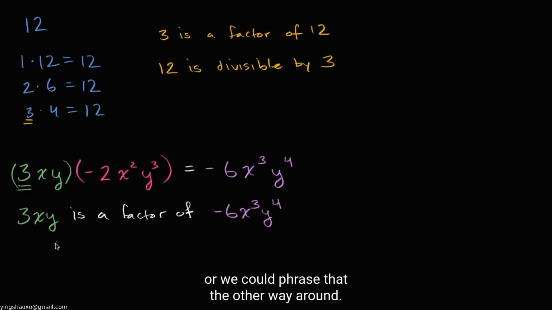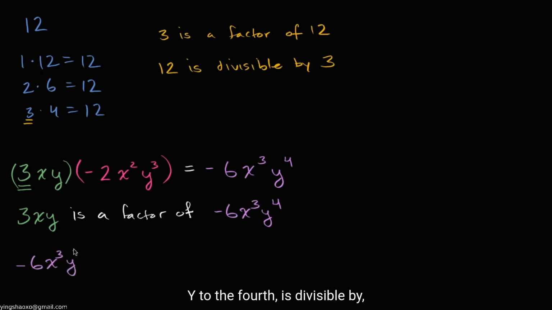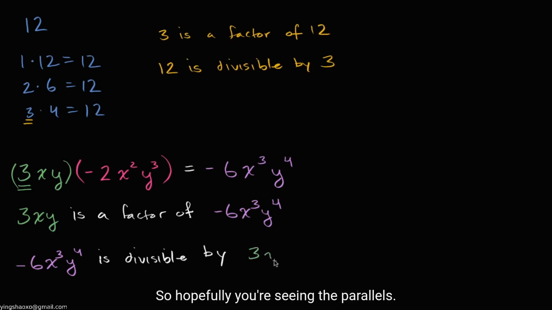Or we could phrase that the other way around. We could say that negative 6x to the third y to the fourth is divisible by 3xy.